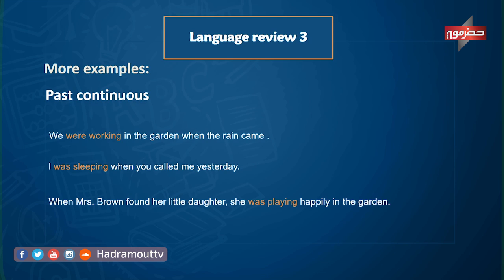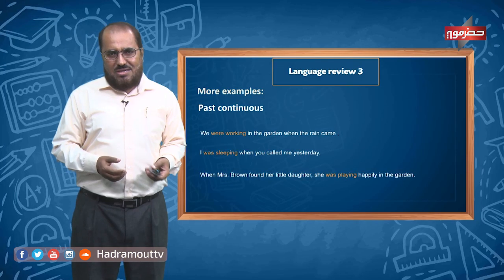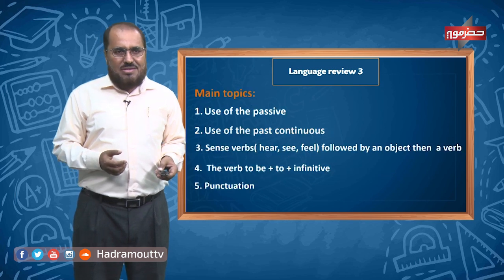The daughter was playing happily. Her mother found her suddenly, and the daughter was playing. You can see the scene of a mother finding her daughter, and the daughter was playing, okay, happily.